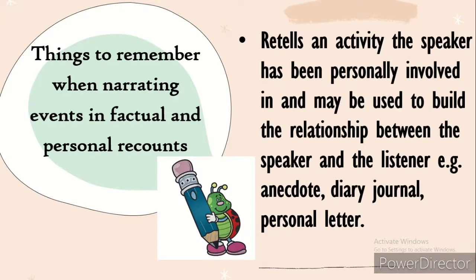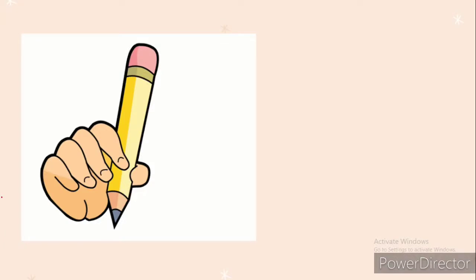And here are the things to remember when narrating events in factual and personal recounts. When we say recount, it retells an activity the speaker has been personally involved in and may be used to build the relationship between the speaker and the listener. For example, anecdote, diary journal, and personal letter. There are two types of recount.